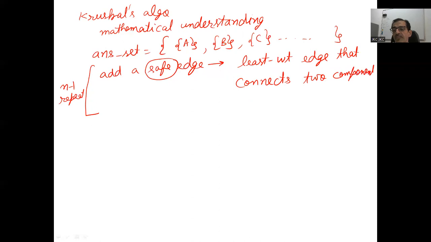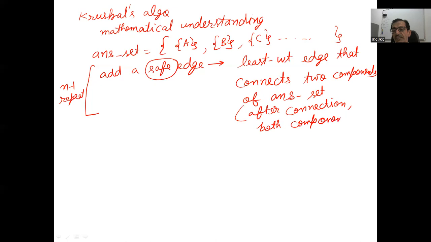So two components of the answer set will be connected via this, and of course after connection, both components will become a single component. Both components will come in the same set because they are a connected component now. It will be clearer once we see an example.